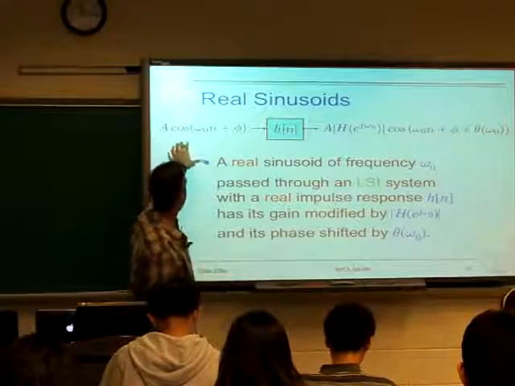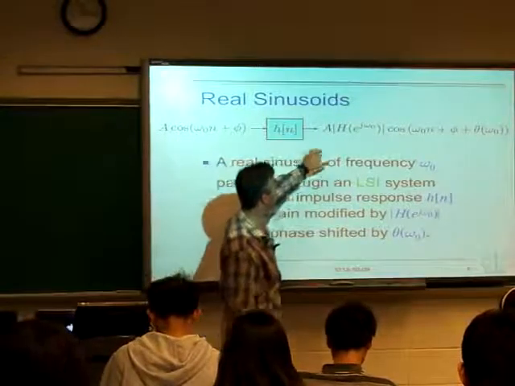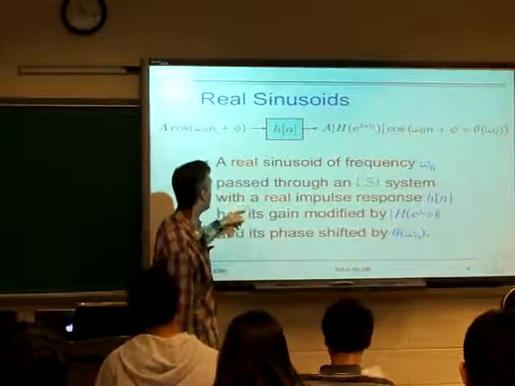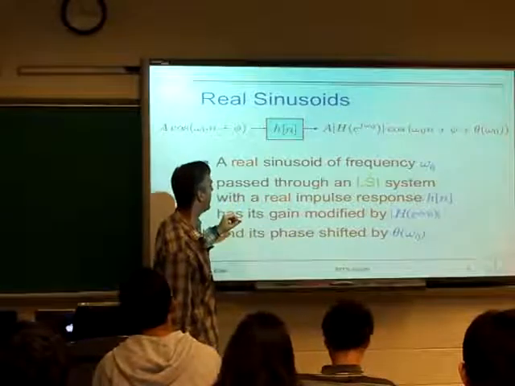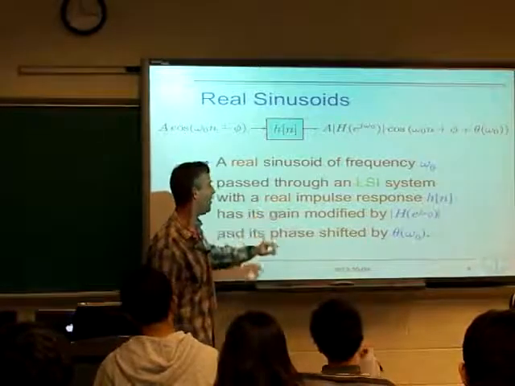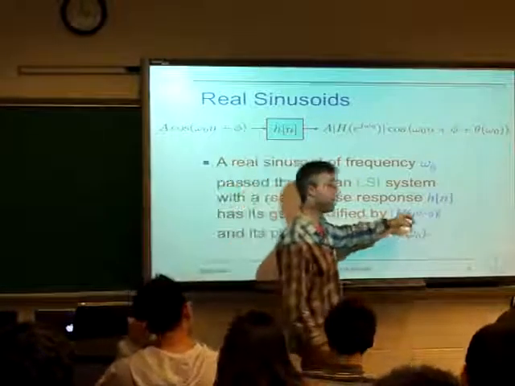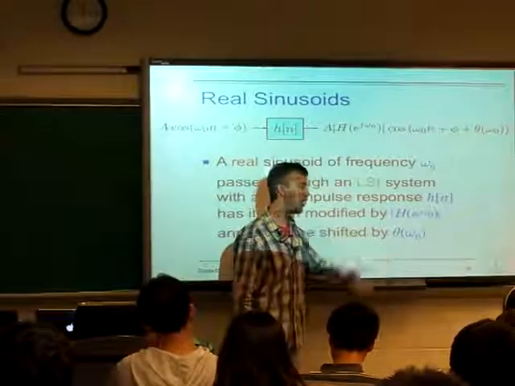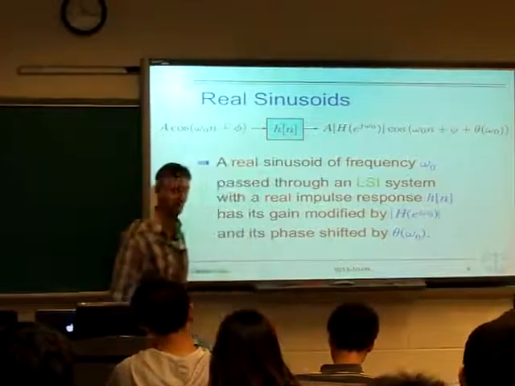So here's the picture: sinusoid going in, sinusoid coming out. A real sinusoid with frequency omega 0, passed through a linear shift-invariant system with a real impulse response, has its gain modified by the magnitude of H of e to the j omega 0, the magnitude response value at omega 0, and its phase shifted by theta of omega 0, the phase response value at omega 0.